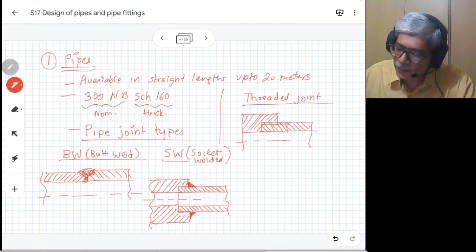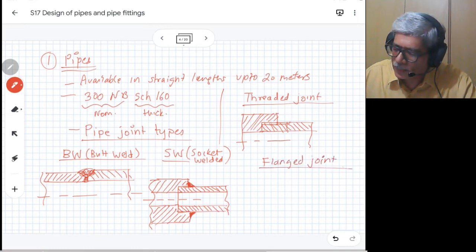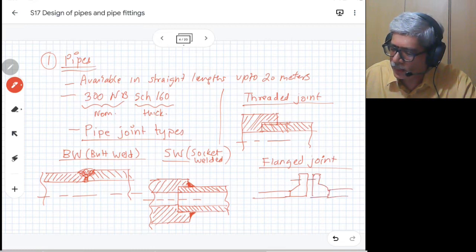And finally, you have the flange joint. So a flange joint is a bolted joint. You have a separate flange which is attached to both the components, and with the help of gasket and bolting, this joint is made.